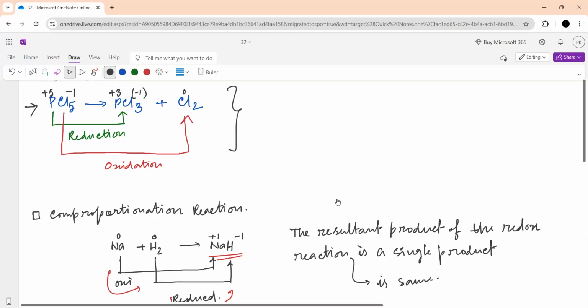Rather, what we can say is the reagent taking part in the redox reaction is only one, the same. See, here both the reagents were different, but they were going to a single product. Here we have a single reagent going through both reduction and oxidation and giving rise to different products. Do you see the difference?